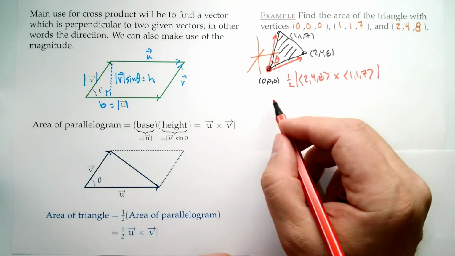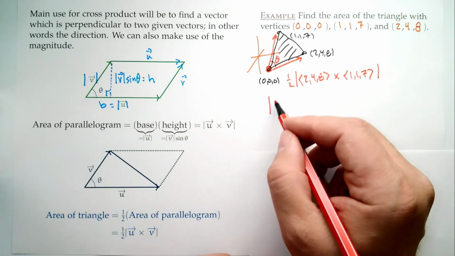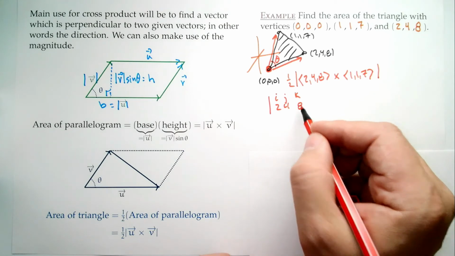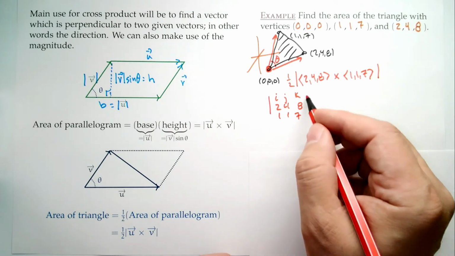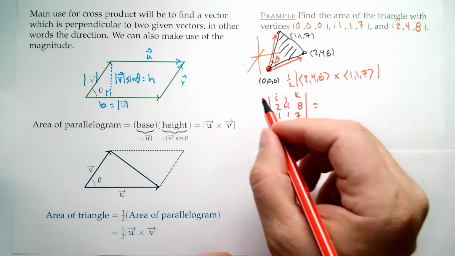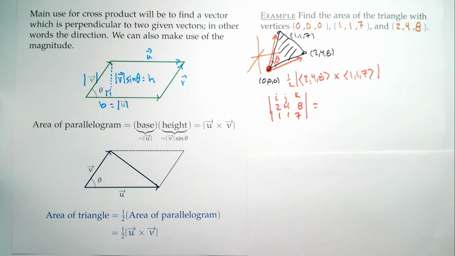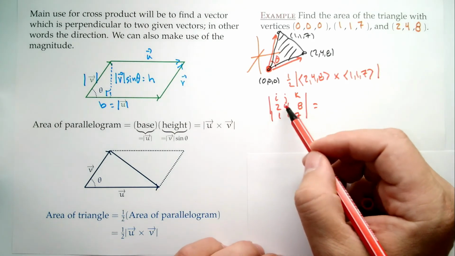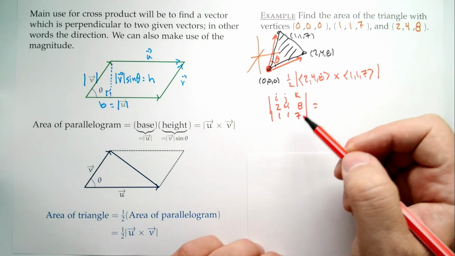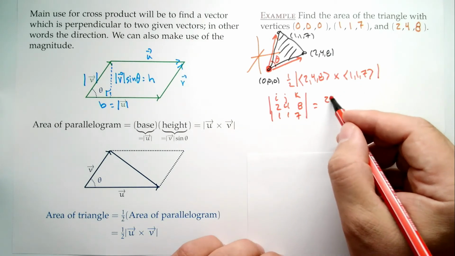So let's take the cross product. So we'd have I, J, K, 2, 4, 8, 1, 1, 7. And here, I'm going to wrap around. You know, we're advancing quickly. Okay, so I times 4 times 7 gives 28I.